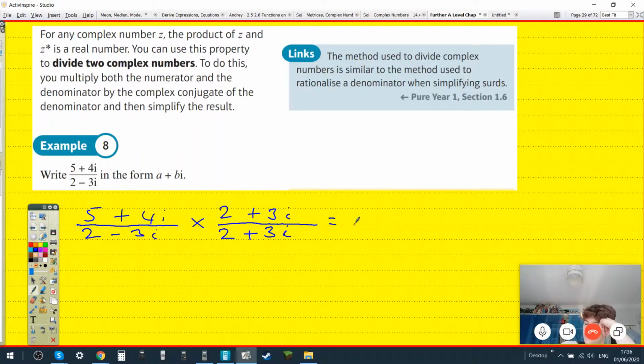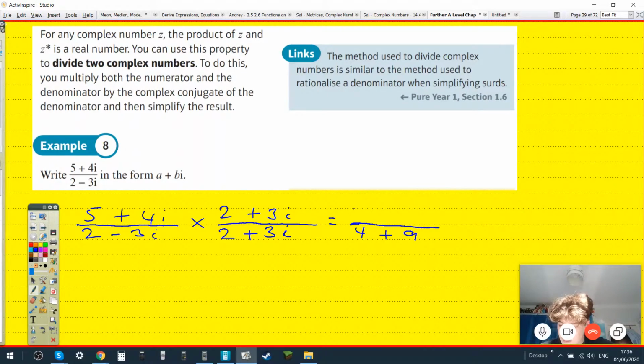So what's the bottom bit gonna be? So the bottom is going to be 4 plus 9. Yep. And then the top is going to be something.